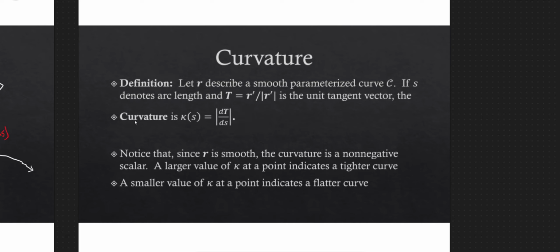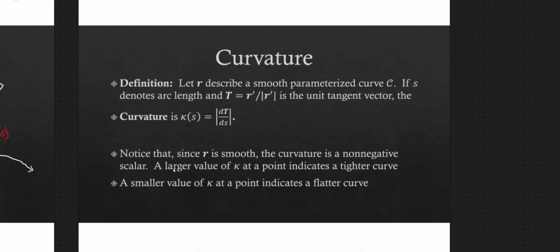And then we define the curvature as this. So we input an amount of arc length, so input a point on the curve in terms of its arc length, and then evaluate this derivative and evaluate the magnitude of that, and that tells us how curvy it is. That's our curvature. Curvature will always be non-negative because it's a magnitude of a vector, and it's a scalar quantity.